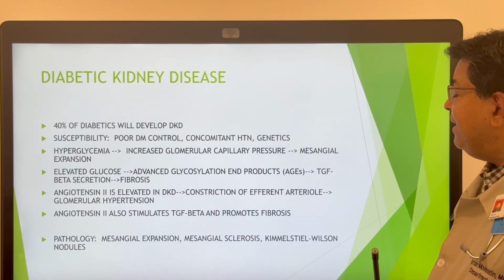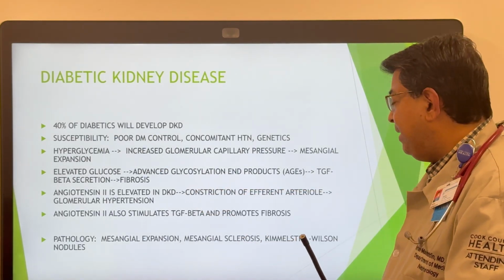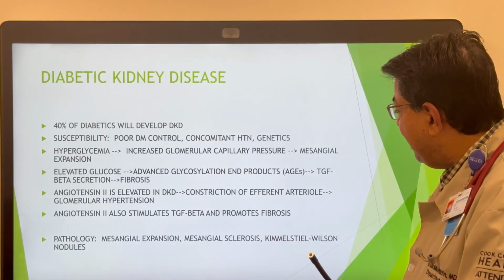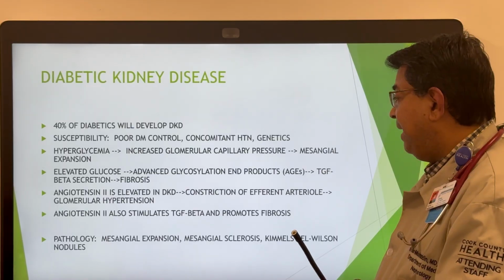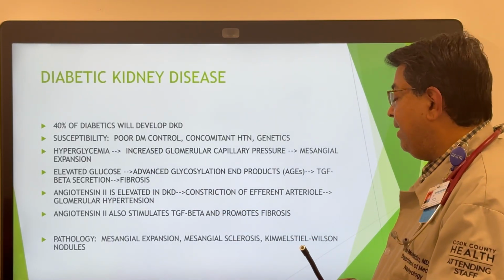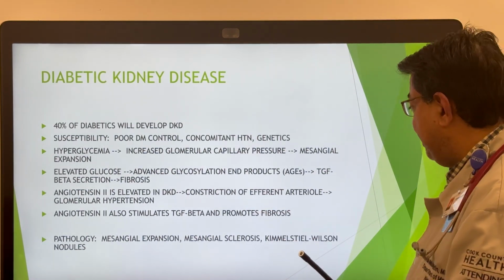So in discussing pathology, what happens is that you have persistent hyperglycemia that's going to increase glomerular capillary pressure and lead to mesangial expansion. Elevated glucose also will bind everything and create havoc. So these are called advanced glycosylation end products.